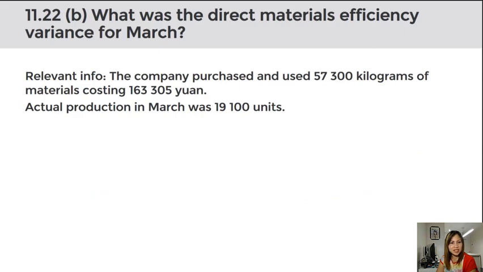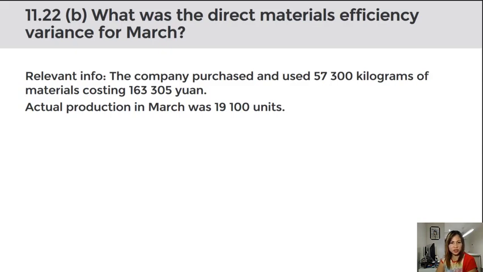Okay, the second requirement, B. What was the direct material efficiency variance for March? Relevant information that I copied from the question: the company purchased and used 57,300 kilograms of materials costing 163,305 yuan. Actual production in March was 19,100 units.